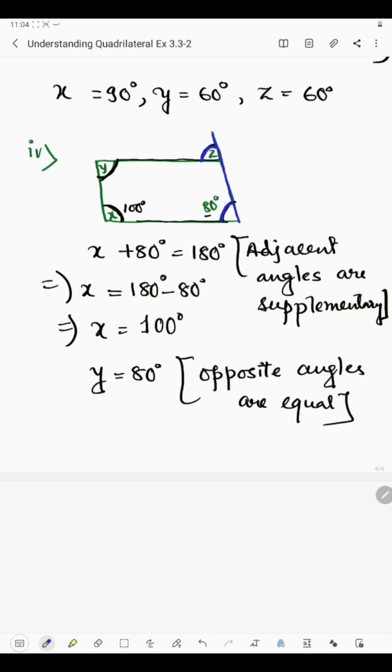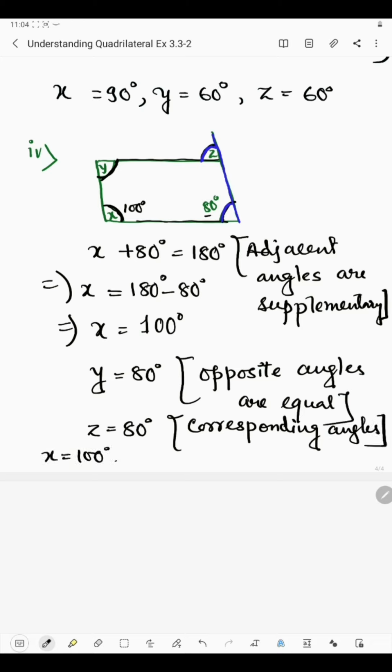So z will be equal to 80 degree as these are corresponding angles. So we will write z is equal to 80 degree as these are corresponding angles. Okay, so we have got the value of x, y and z. So x is 100 degree, y is 80 degree and z is also 80 degree.